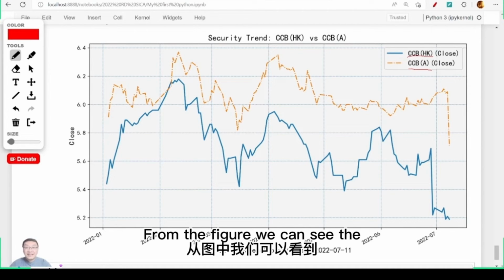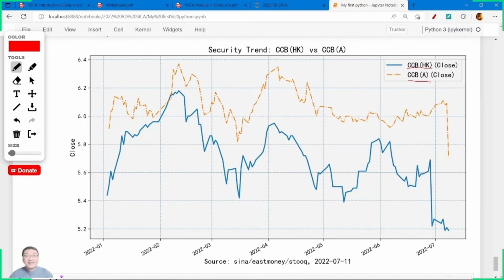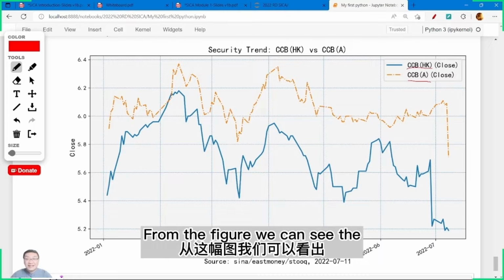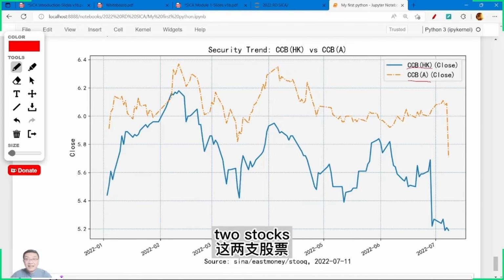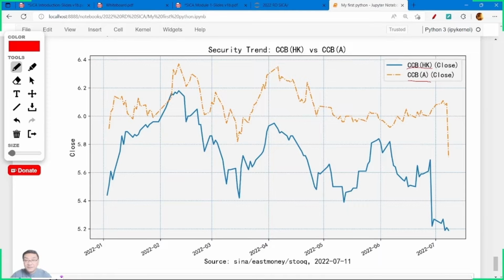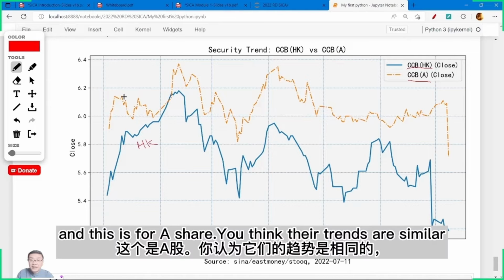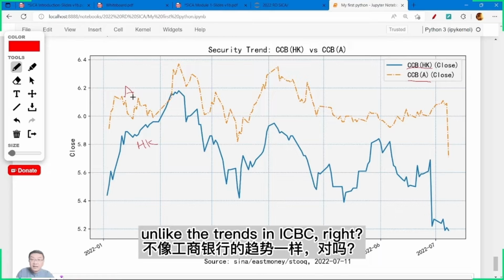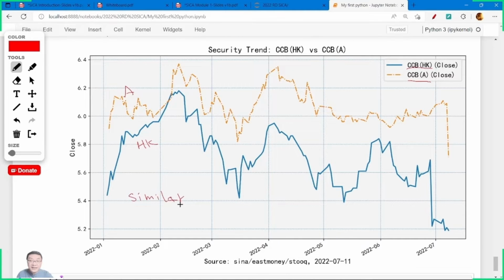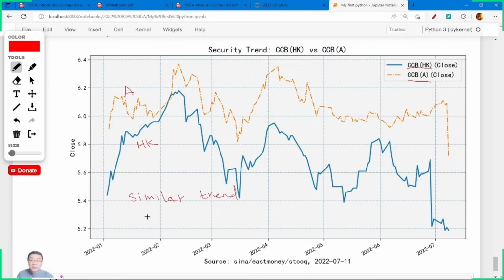From the figure, we can see the two stocks have roughly the same trend. A similar trend, right? This is for HK, and this is for A share, like the trends in ICBC. What else?